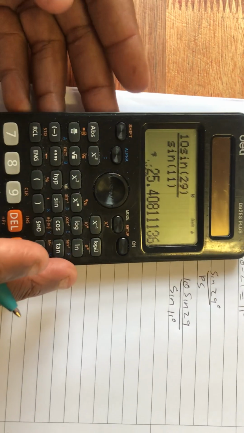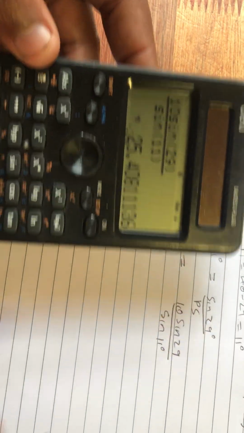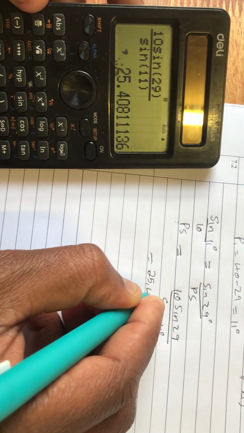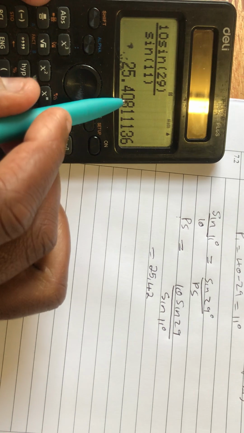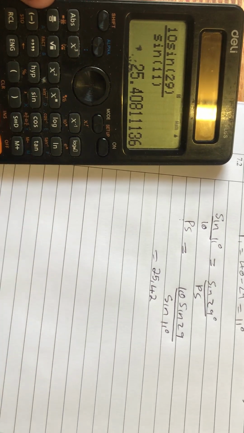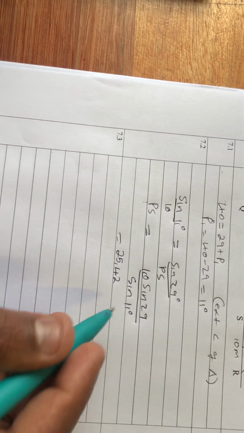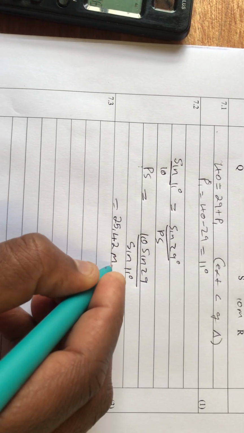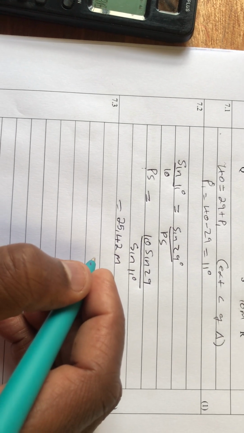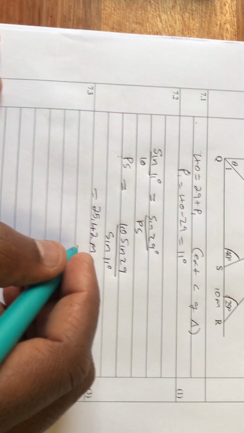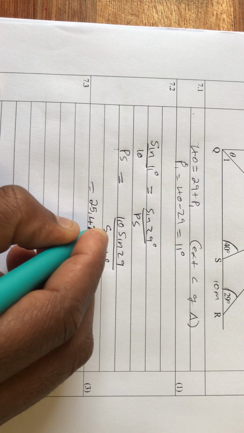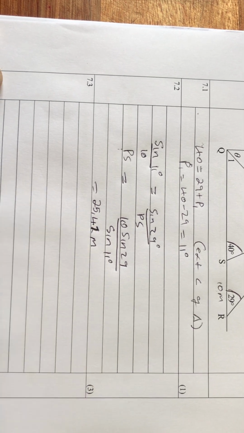Therefore, the answer here is 25,42 meters, rounded off to two decimal places. Let's move to, not comma 2 but comma 1, sorry for that.